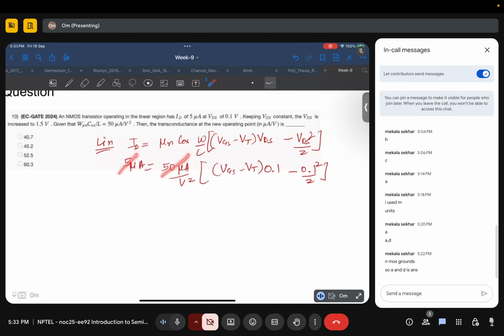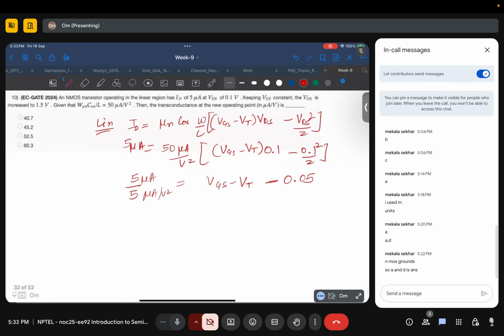This 5 and 5 will cancel. So we will have 1 equals VGS minus VT minus 0.1 by 2, which is 0.05. So VGS minus VT will be 1.05 volts.